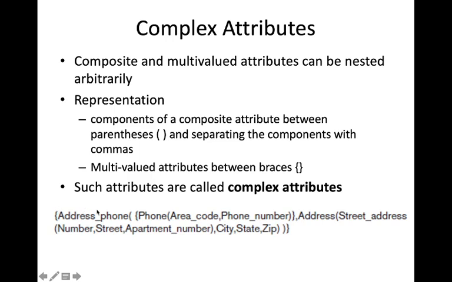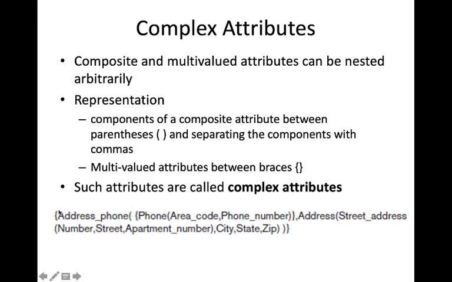So address phone of a particular person is a complex attribute. We can have more than one residence, and each residence can have a single address and multiple phone numbers. That is what is represented here.